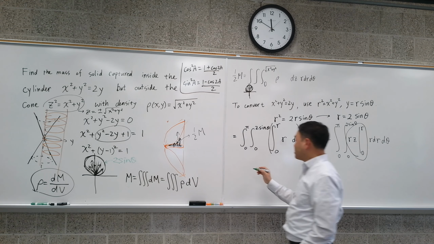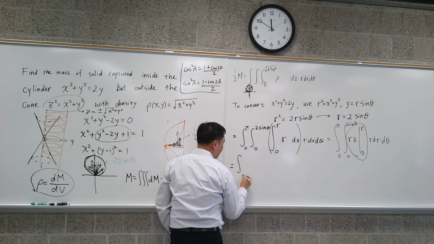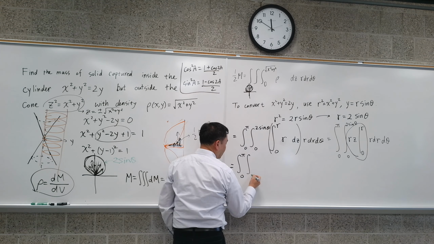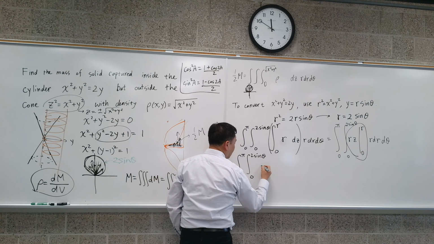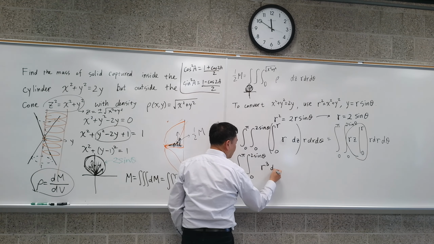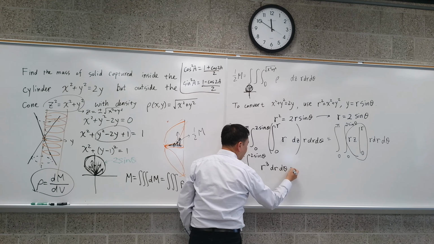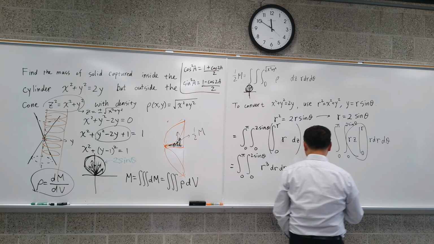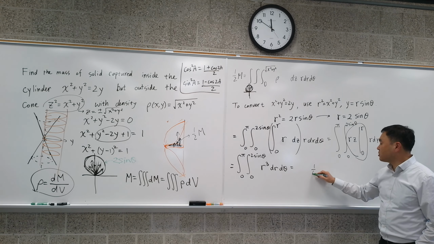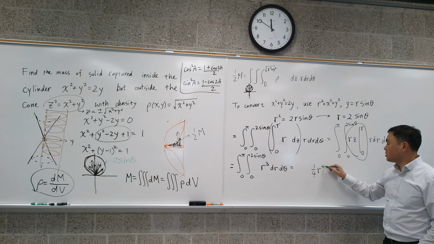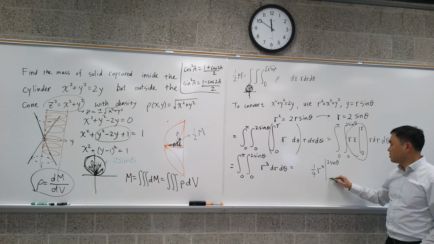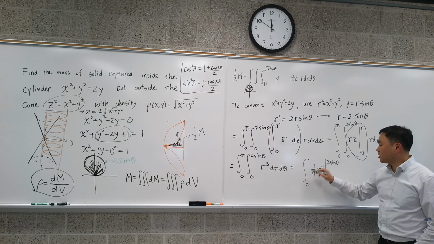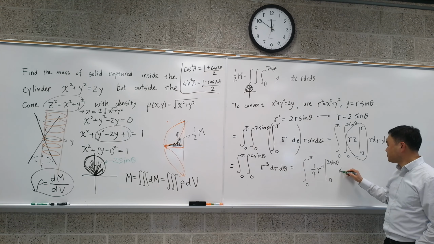So that means you have to integrate 0 to pi, 0 to 2 sine theta, r cubed dr d theta, whose integral is going to be 1/4 of r to the 4th, and then you have 2 sine theta, 0, and you still have to integrate from 0 to pi, d theta.